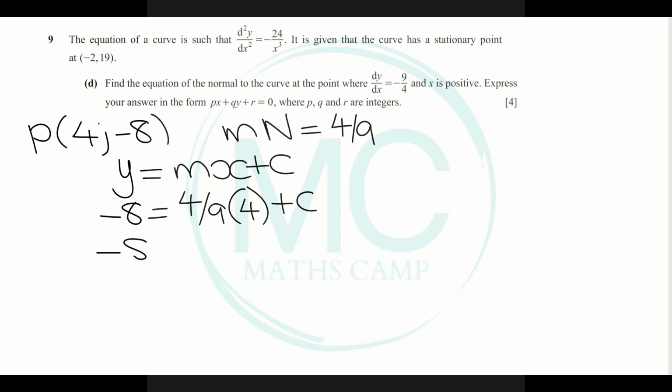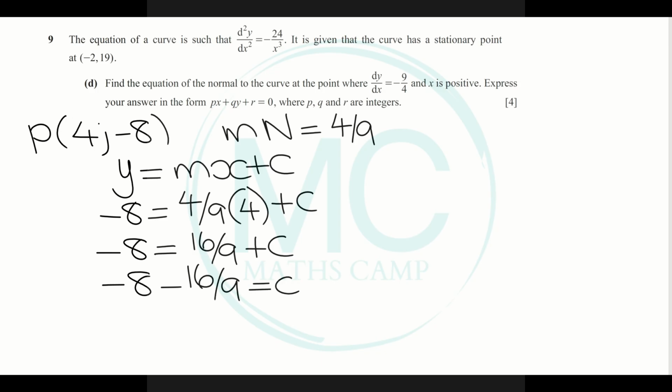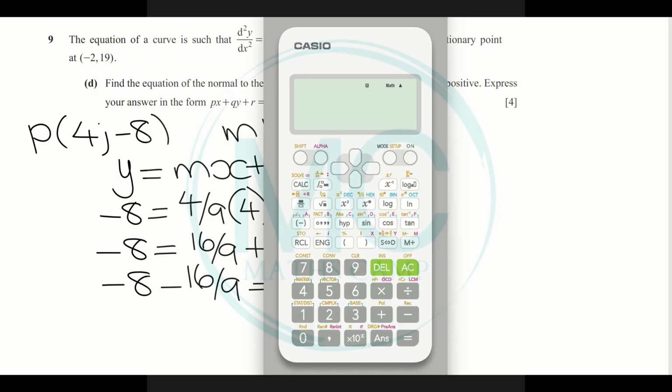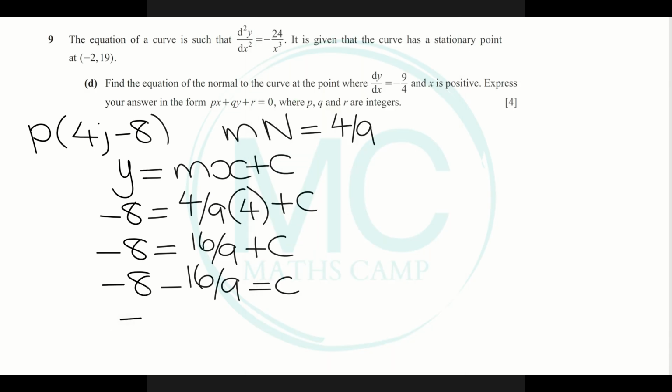Now we have negative 8 is equal to 16 over 9 plus c, which means that negative 8 minus 16 over 9 is equal to c. Let's take our calculator and we say negative 8 minus 16 over 9 is equal to negative 88 over 9. So negative 88 over 9 is equal to c.